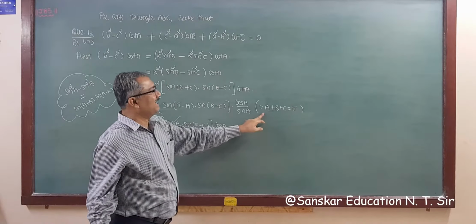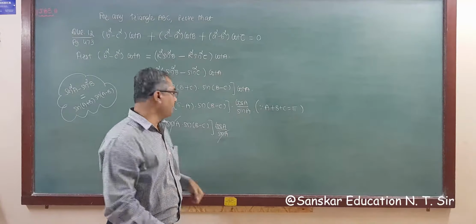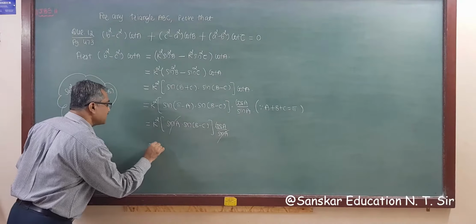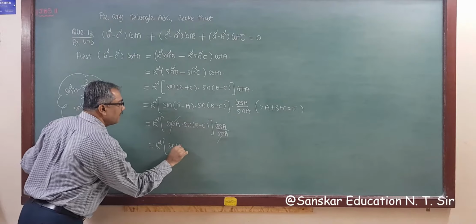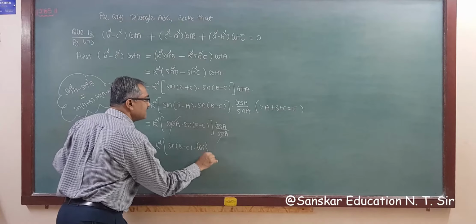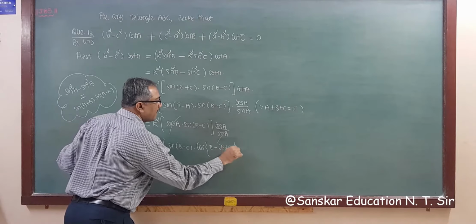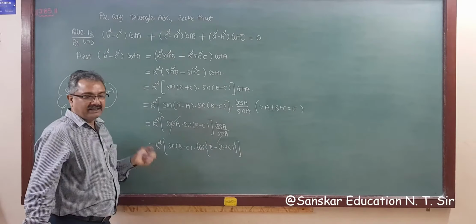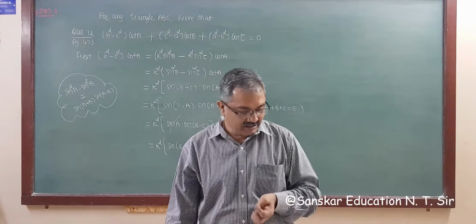So what is A? A is equal to pi minus (B plus C). So this is k square into sine (B minus C) into cos (pi minus (B plus C)), that you know, right?